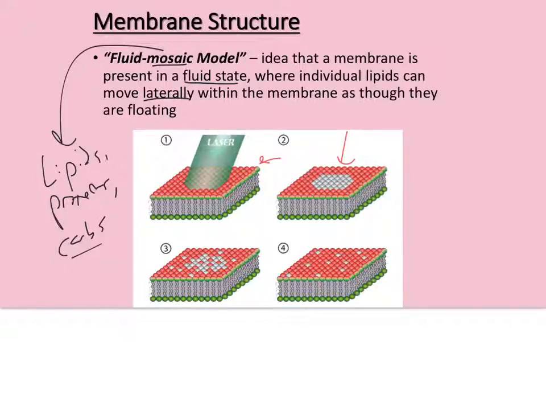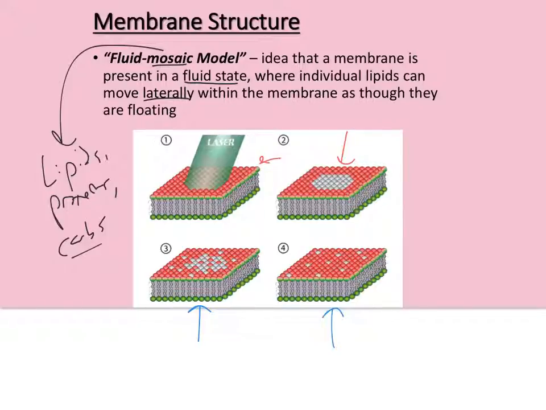And they observed this under a really strong microscope. And what they saw is that those bleached phospholipids rather quickly started to spread out. They floated away until they were just kind of spread out all over that surface. So this is where scientists got this fluid mosaic idea. They were able to watch these phospholipids actually move around as though they were floating in this membrane.